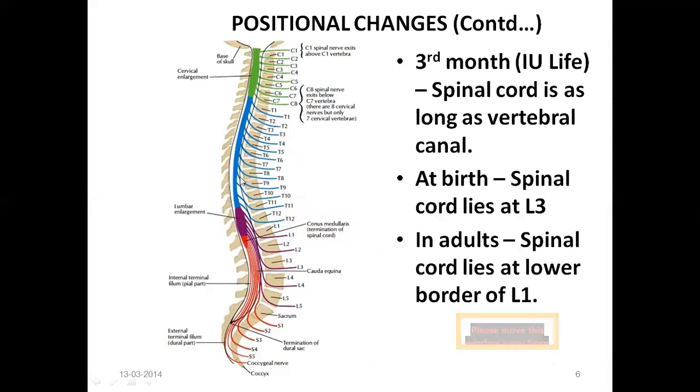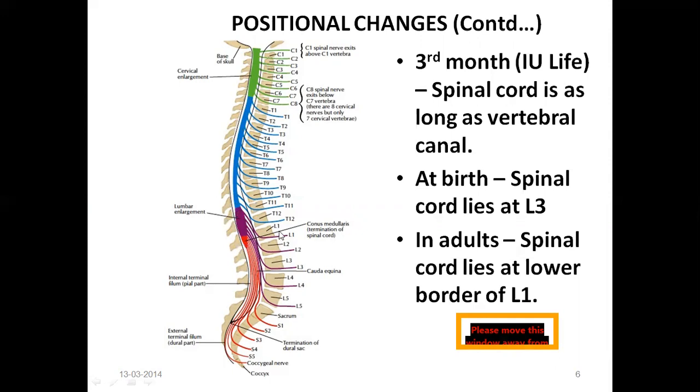Different colors have been shown. If you observe the thoracic part of the spinal cord, it extends only up to T11. The lumbar part starts from T11 and ends almost at the T12 and L1 junction. So the sacral and coccygeal parts are still higher up.